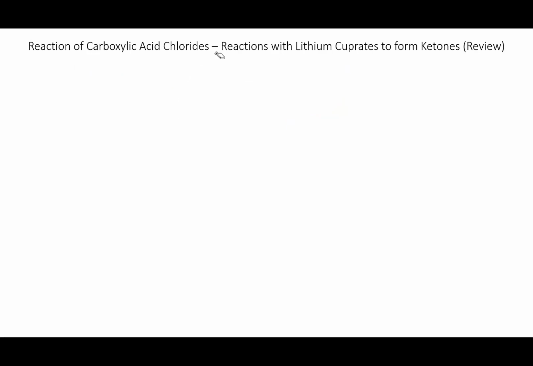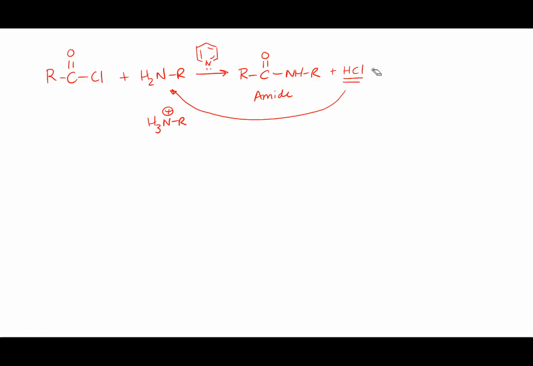So we would use the pyridine to basically convert the HCl into the pyridinium ion, again with the chloride as a counterion. So it's necessary to add pyridine, and pyridine's just a good base that doesn't really react. All it does is absorb protons. It's kind of a proton sponge. So we would add the pyridine to make this amide reaction go.